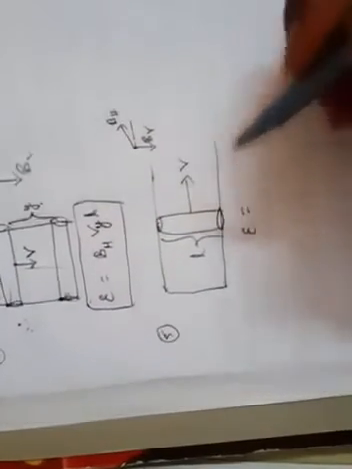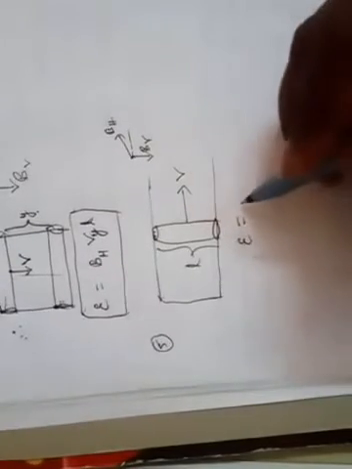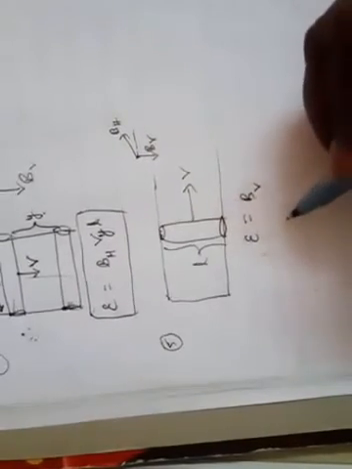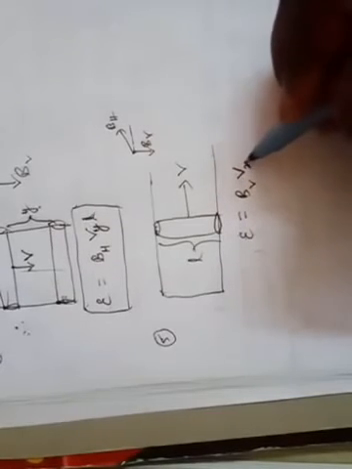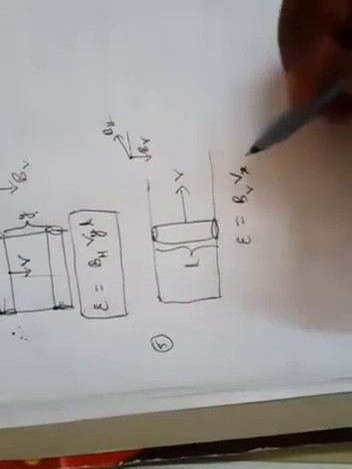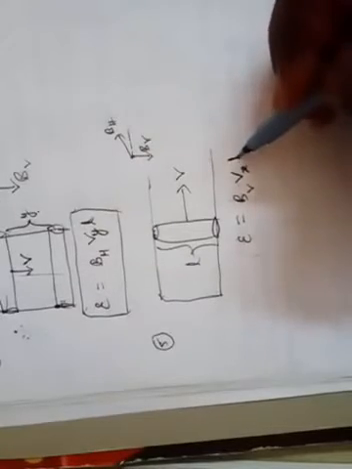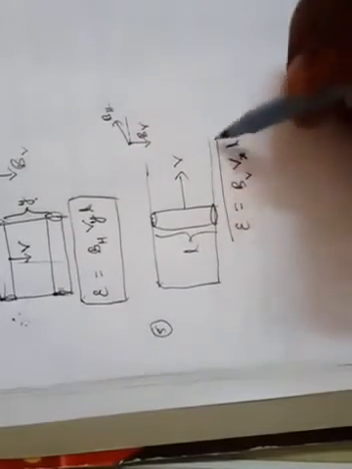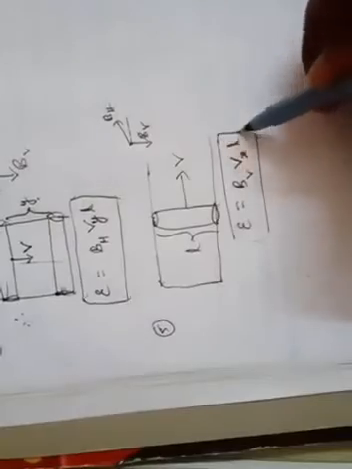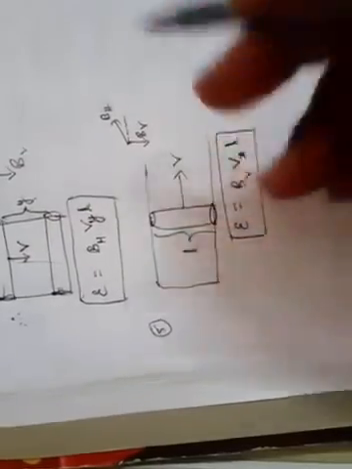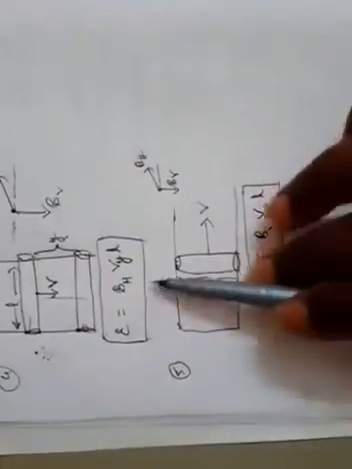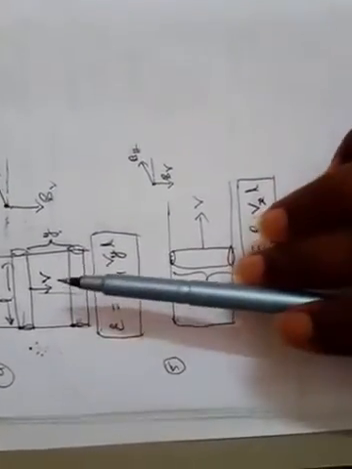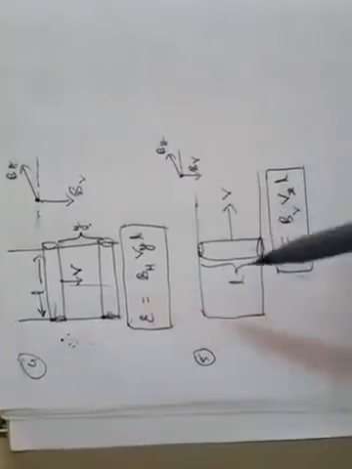In this case also, induced EMF will be induced. Here induced EMF E is equal to BV, velocity along the horizontal direction Vx, and the length of the conductor is L. So this is the expression to calculate induced EMF. These are the two important applications of a conductor cutting the earth's magnetic field.